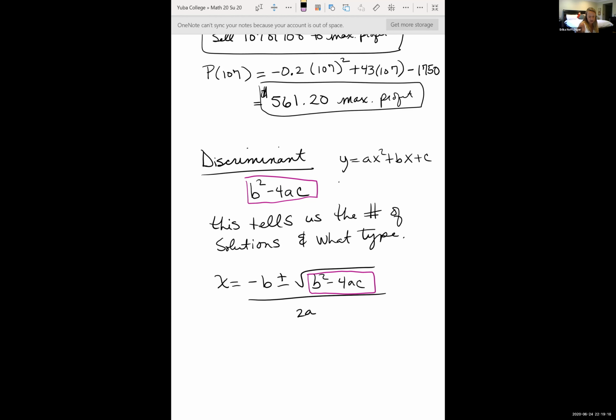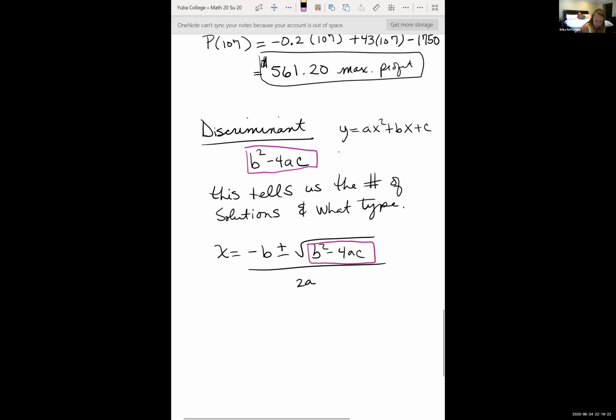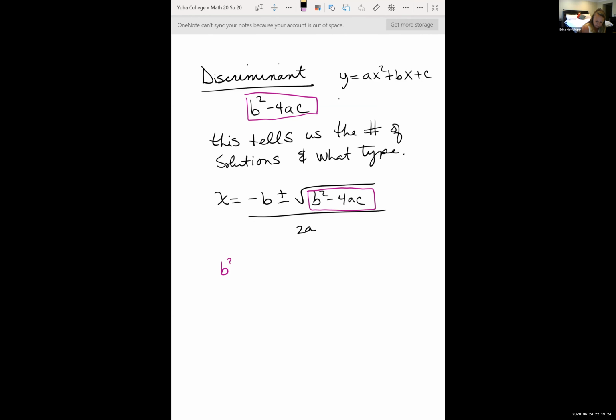Depends on how many solutions we have back. If b squared minus 4ac is bigger than 0, you got a positive number underneath the radical, and that's a real number. And so when you take negative b plus that real number, it's going to be different than when you take negative b minus that real number. So if you have a positive number underneath the radical, you have 2 real solutions.